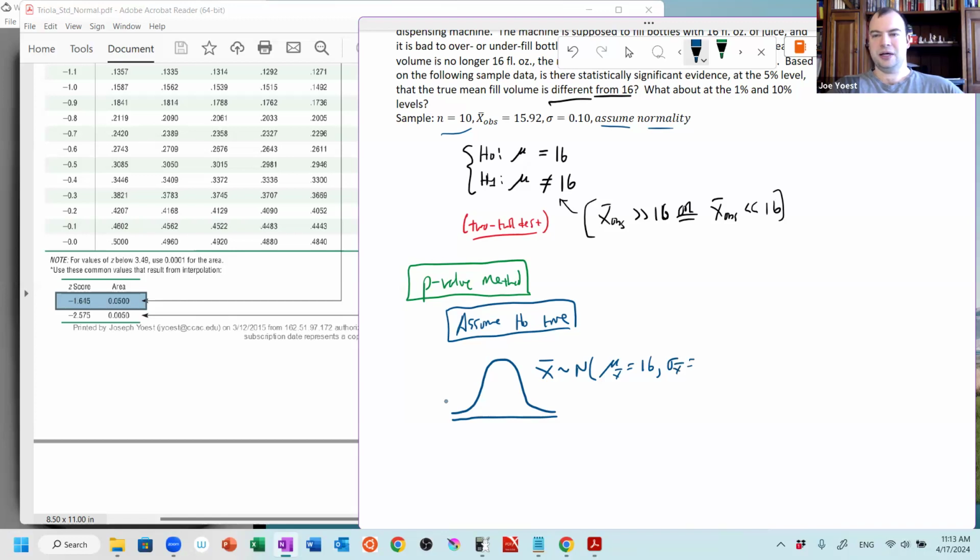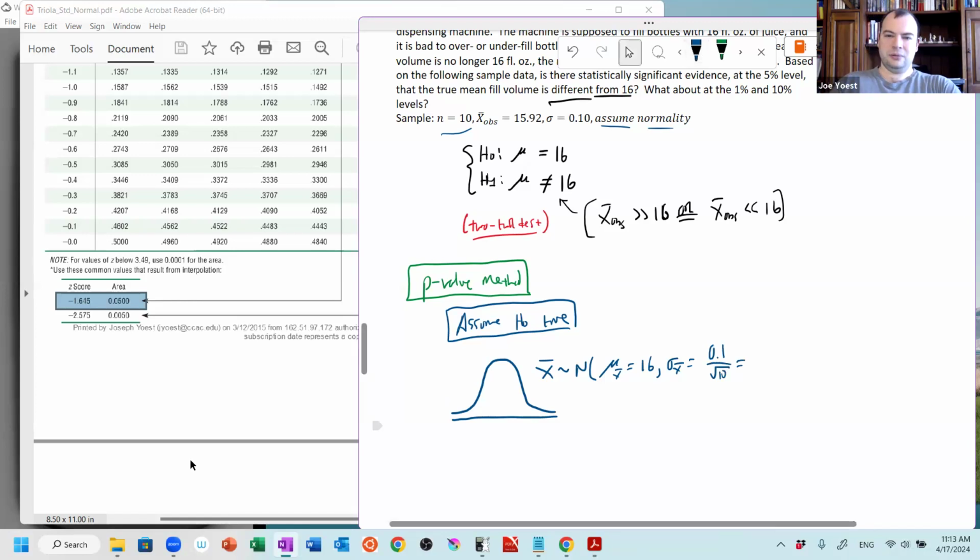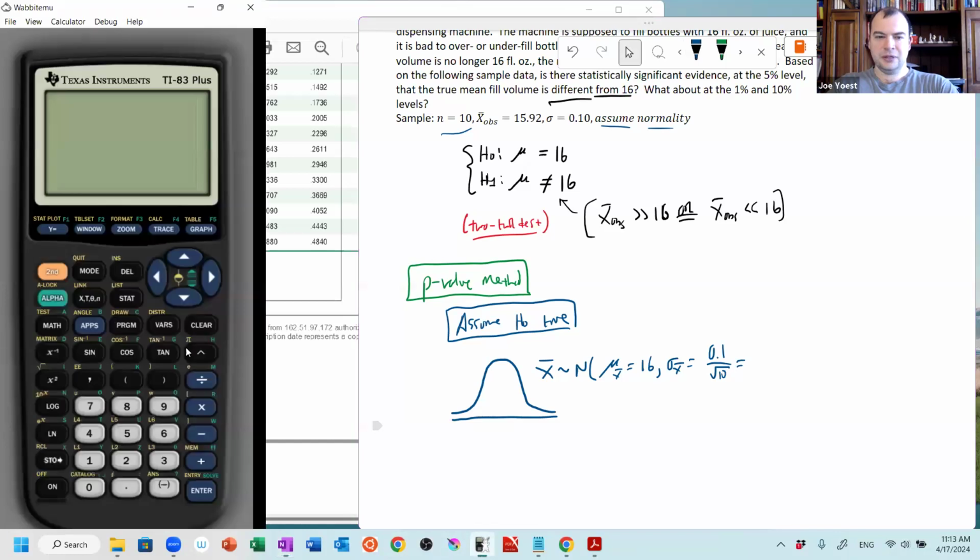And sigma x bar is my known sigma, 0.1 over root n, 0.1 over square root of 10. And that gives me about 0.032.